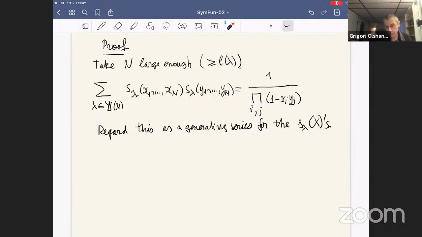And next, the idea is as follows. This is an important general principle.